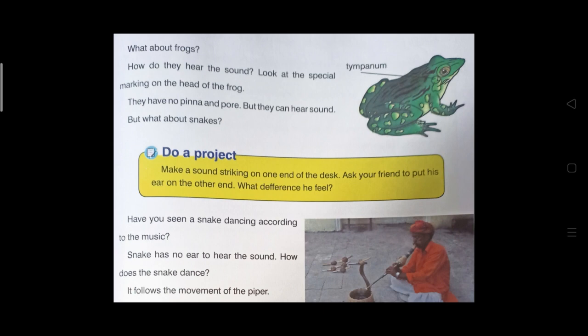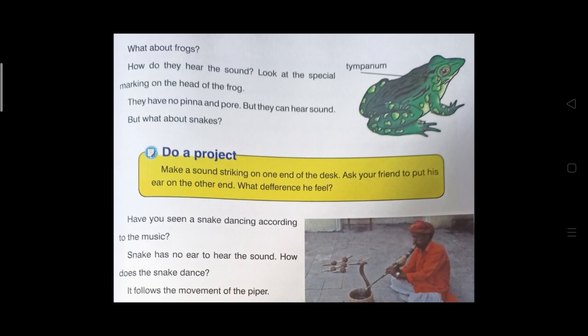If he or she plays music, the snake will dance according to the music. The snake follows the movement of the piper. When he is playing the music, at the same time he also moves, and according to that movement, the snake will also dance.